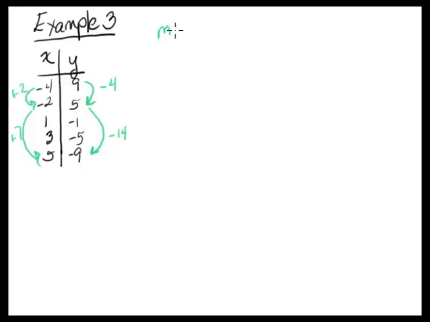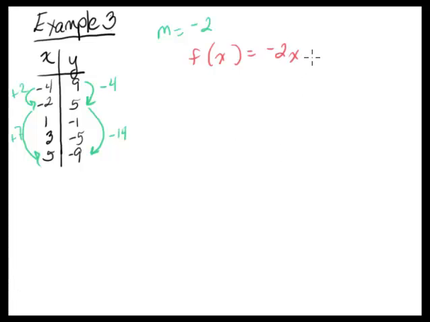So our m is negative 2. Negative 4 divided by 2, negative 14 divided by 7. So our rule so far is f of x equals negative 2x.